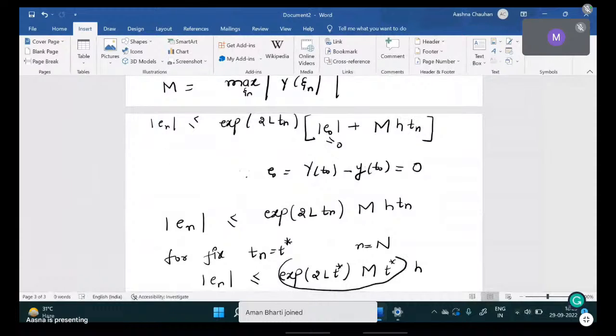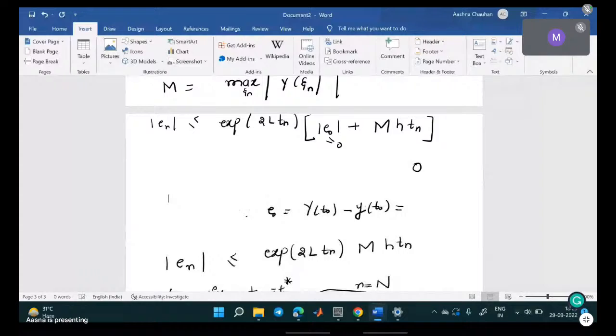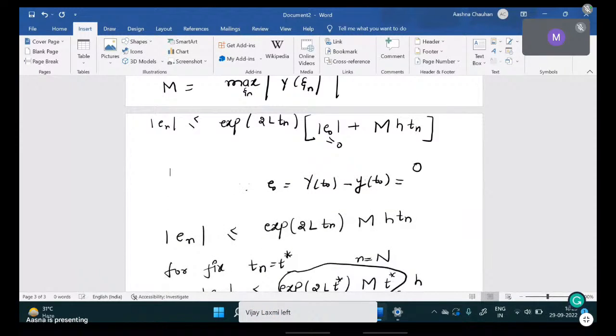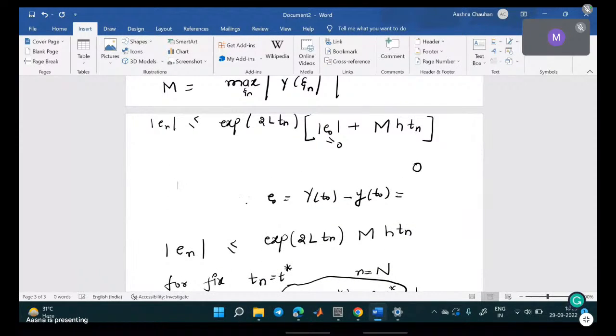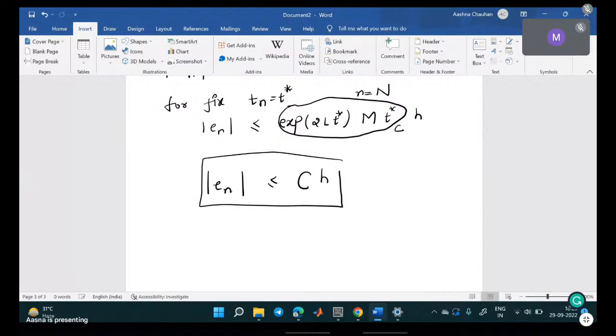So I'm writing this whole term as capital C. So mod En is less than equals to capital C times h. This is the condition for the convergence of backward Euler method, right? Because this is the definition of convergence, that our error is not diverging, it is converging towards a fixed direction.